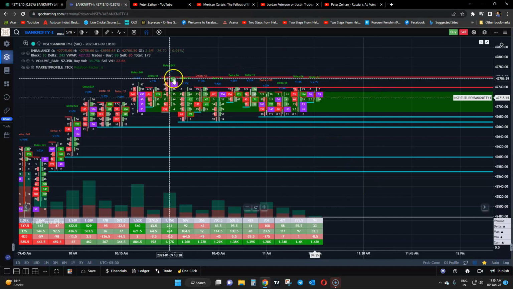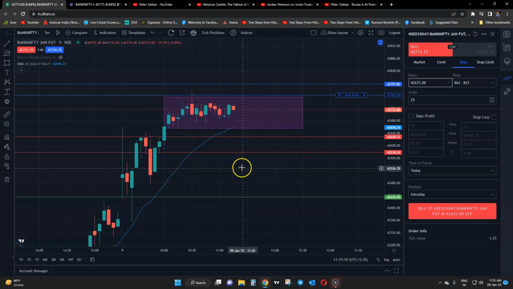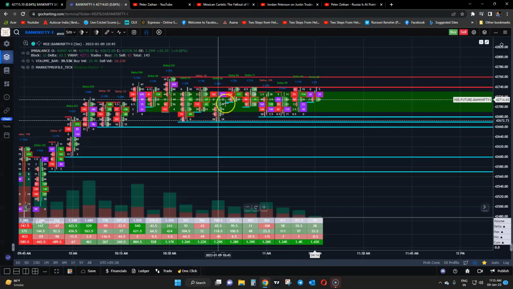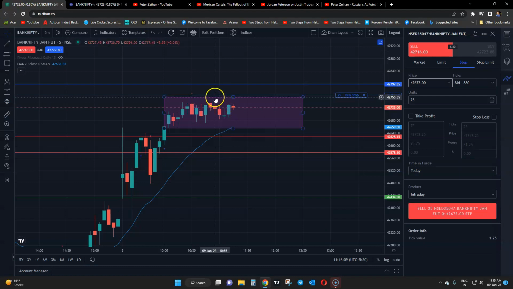Upward, I think the order just gets over here unless the institutions decide to pump more. So you probably have buy orders here and here. Here and here.